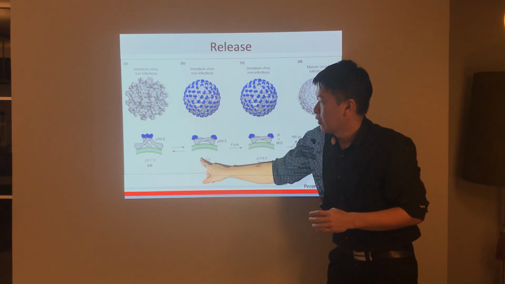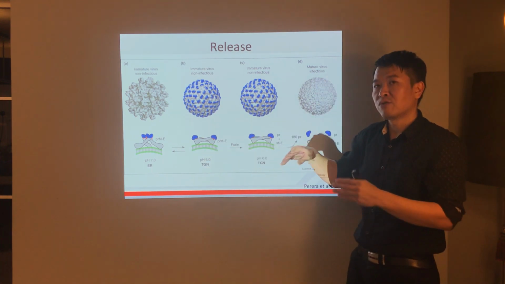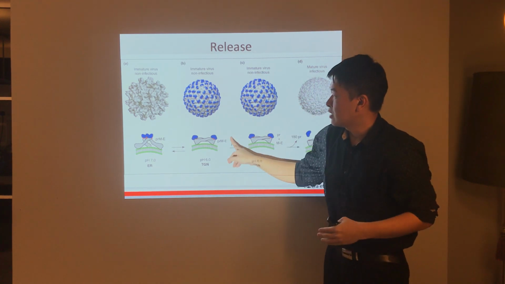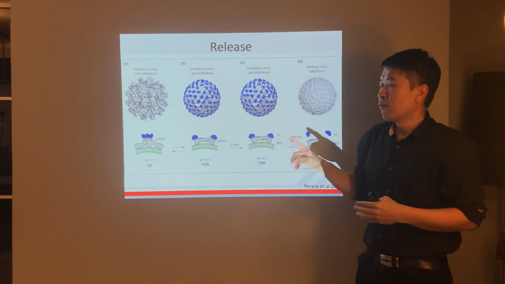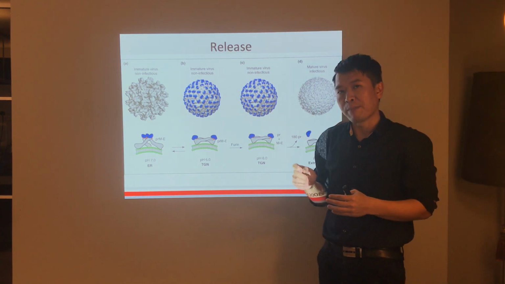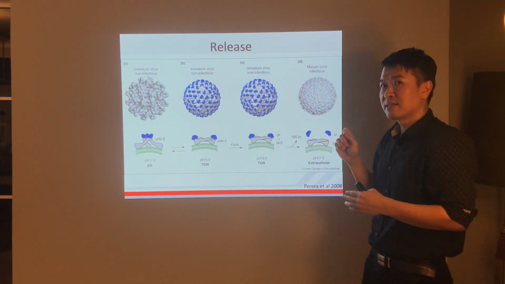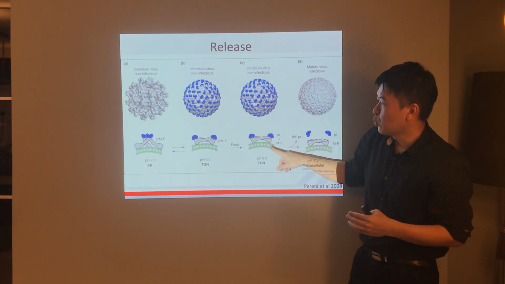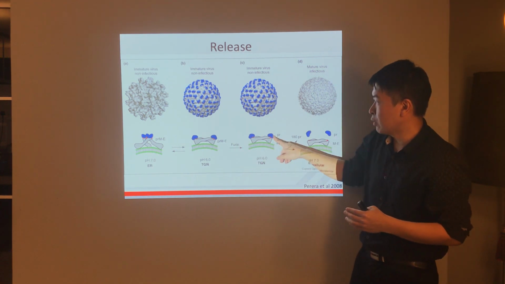During the transfer in the trans-Golgi network from one layer to the next, there's an enzyme called furin. Furin is an enzyme that cuts protein specifically at certain sites. So here the pre-M will now be cleaved by furin.